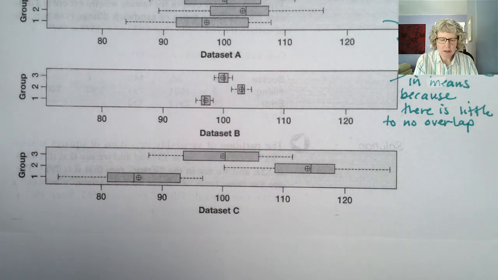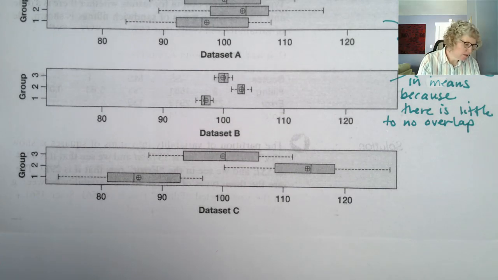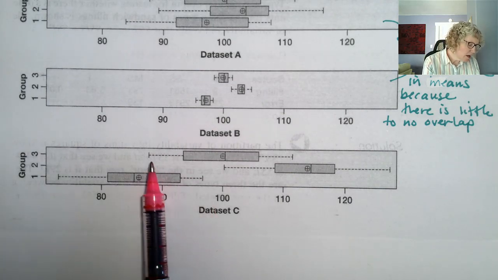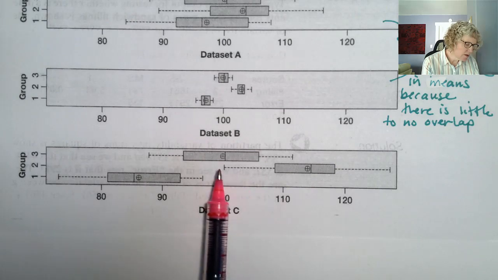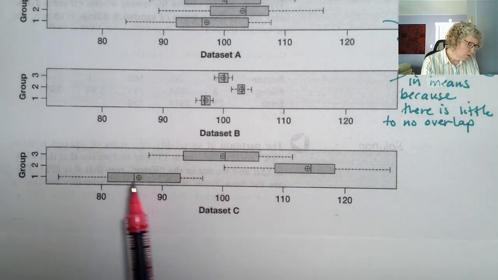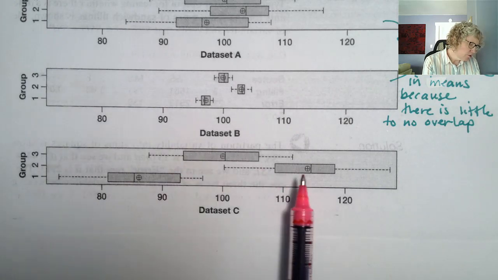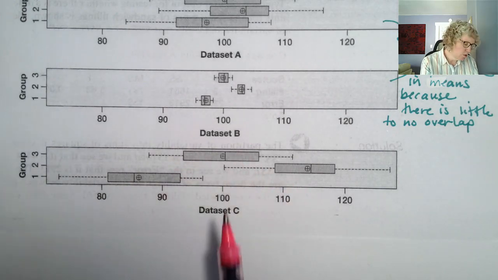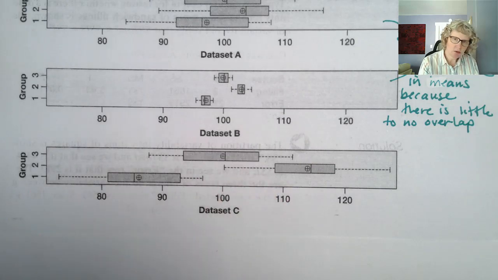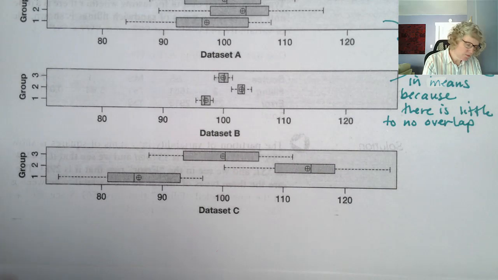So C also looks like there's a significant difference. But there is some overlap, right? There's still some overlap between group 1 and group 3 and group 2 and group 3, but no overlap between 1 and 2. Okay, so let's just write some observations down here.